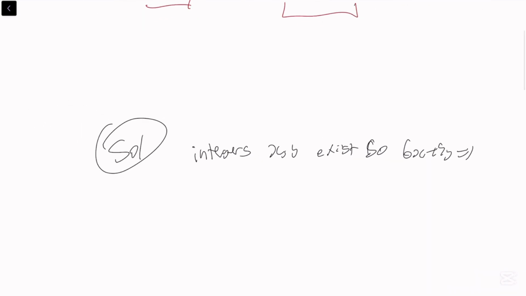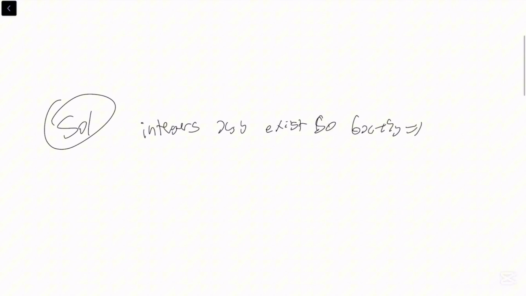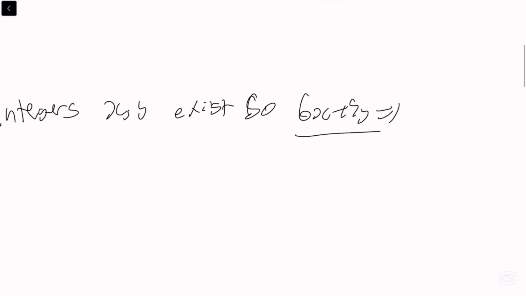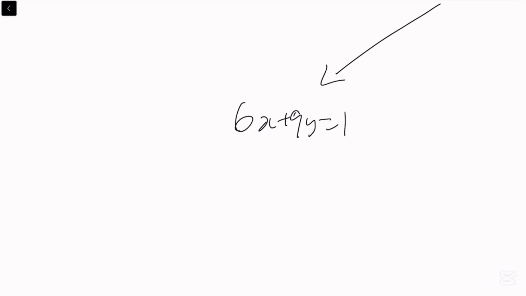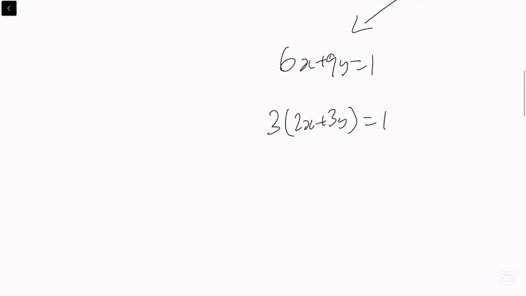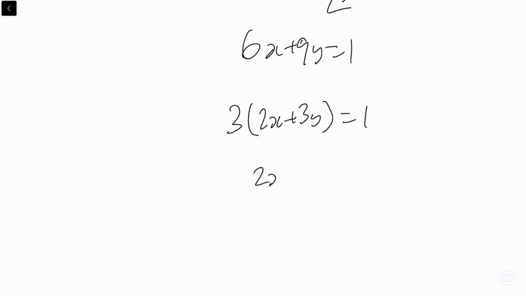By the statement, we can assume that this is true, and so we can work with this. We can take out a common factor of 3 on the left side, and we get 2x plus 3y is equal to 1, and we divide both sides by 3, and we get 2x plus 3y is equal to 1/3.